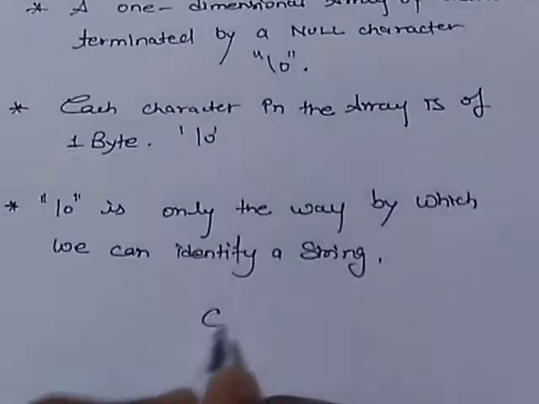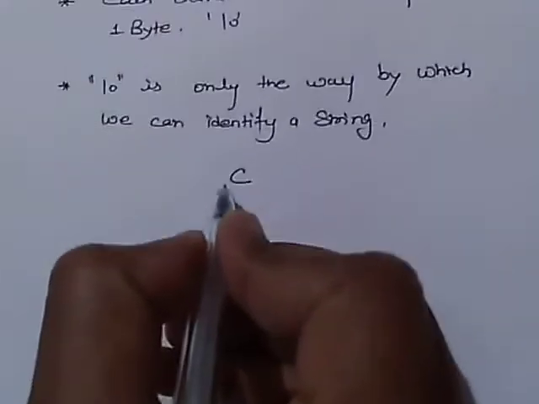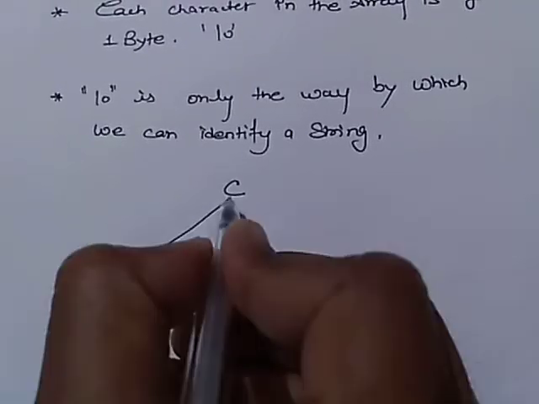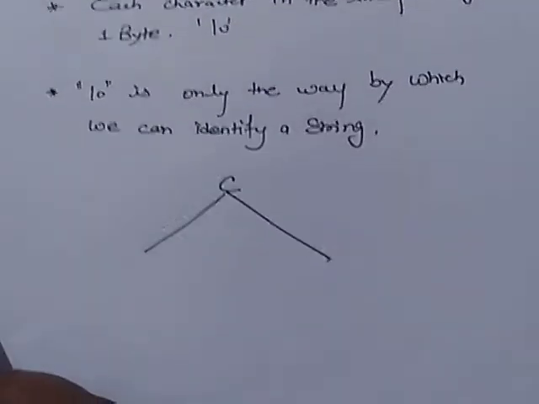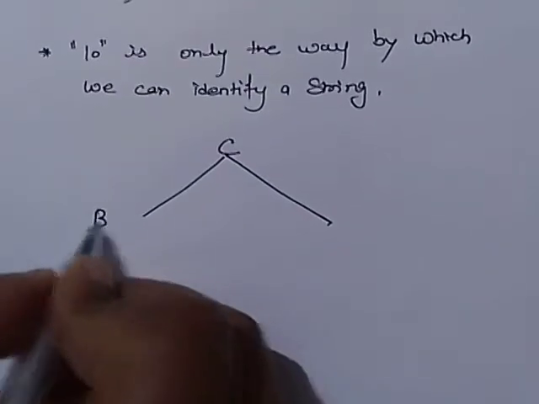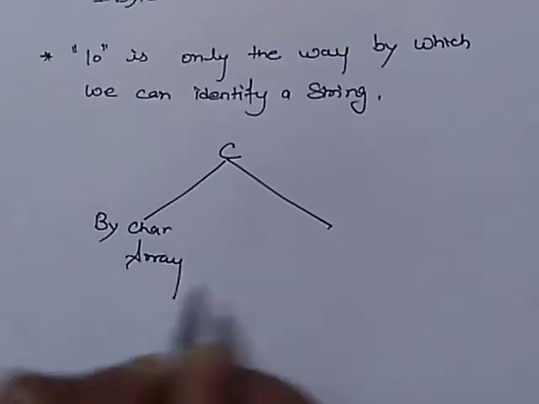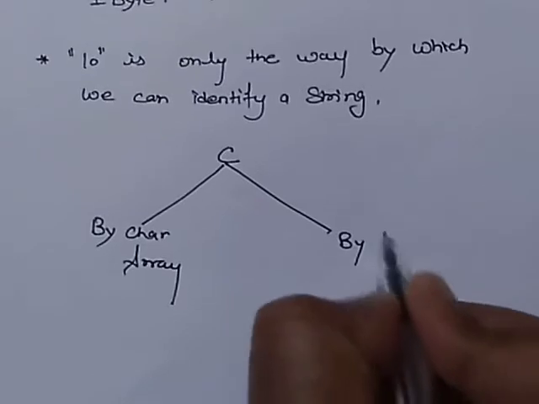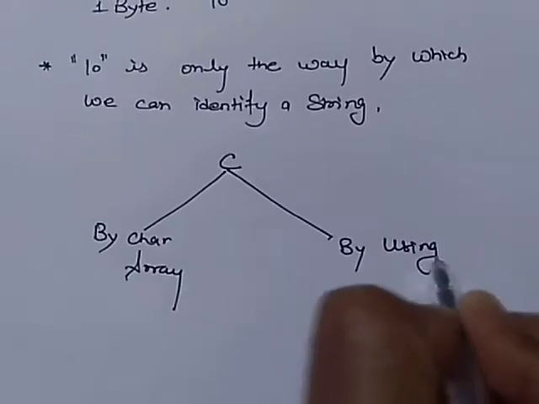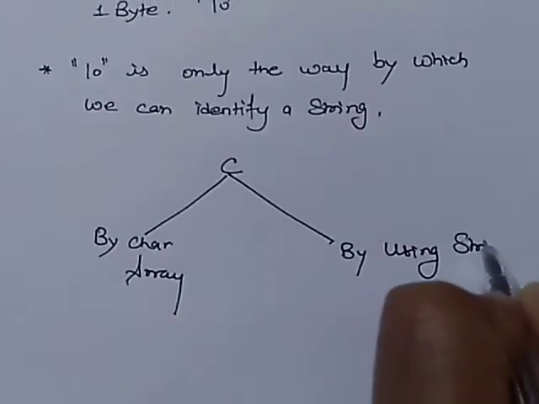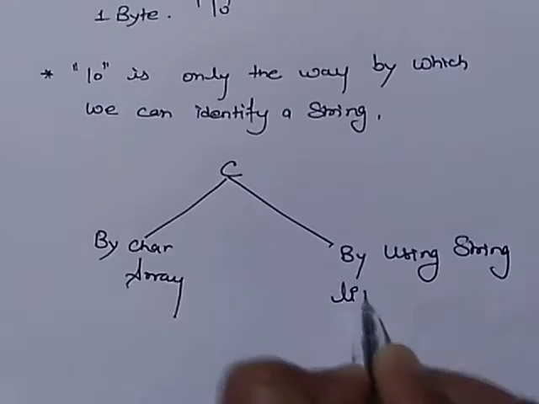Now in C we can create a string with the help of two methods. One, by using a character array, and the second one is by using string literals.